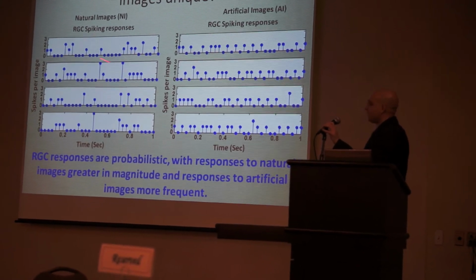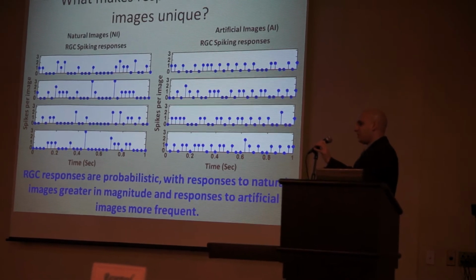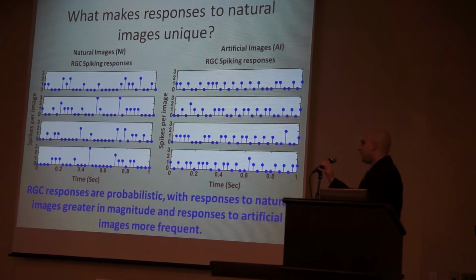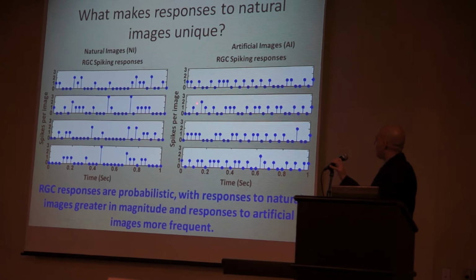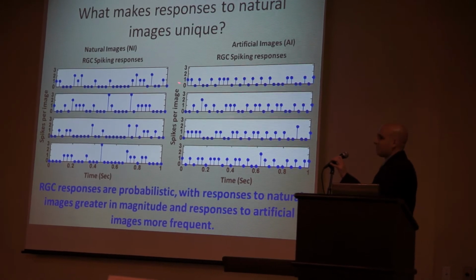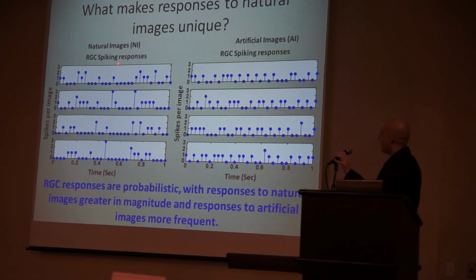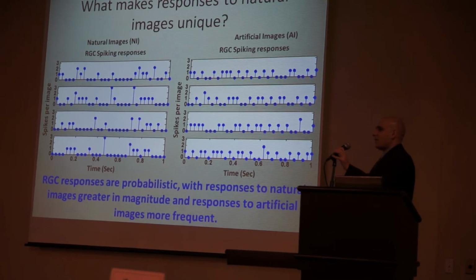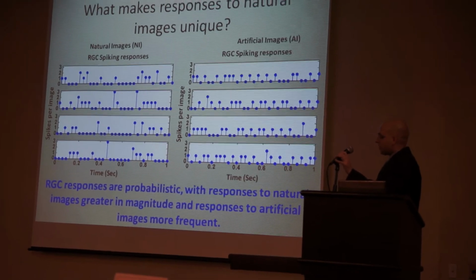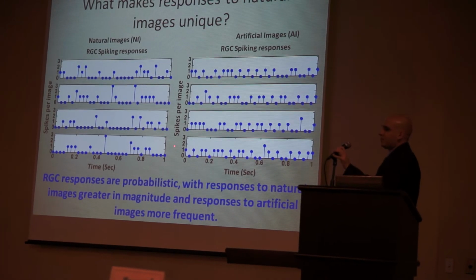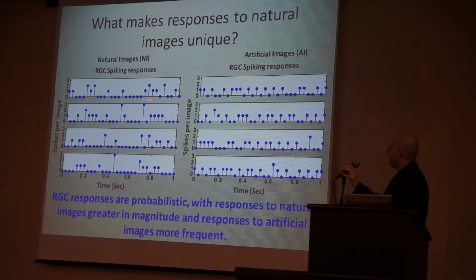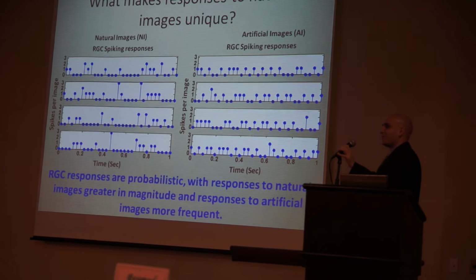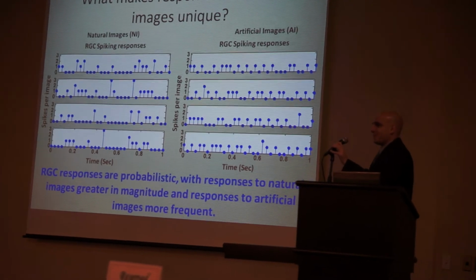So I think the reason that the model parameters are slightly different, especially the slope for artificial images, is because the frequency of the response for artificial images is higher than for natural images. To me, that automatically means that the artificial images have a higher potential to generate a response. However, natural images have a higher potential to generate a greater response, but with lesser frequency.